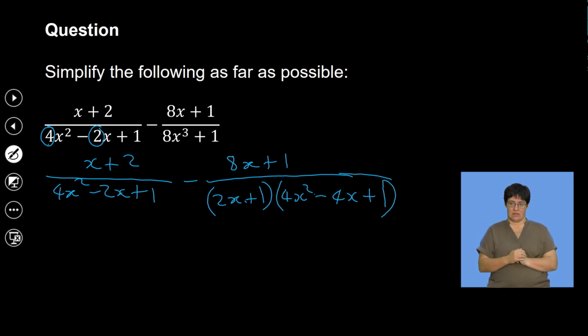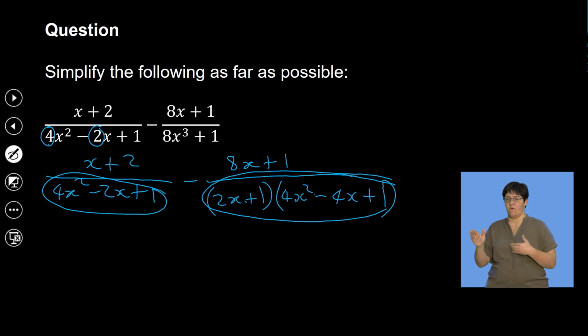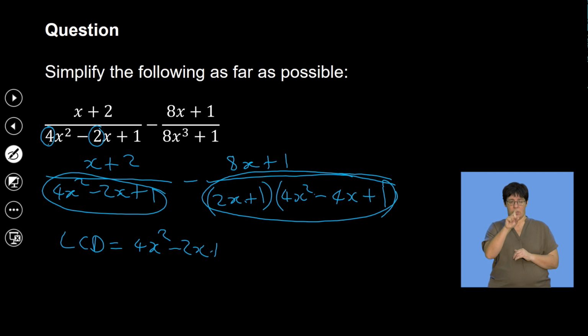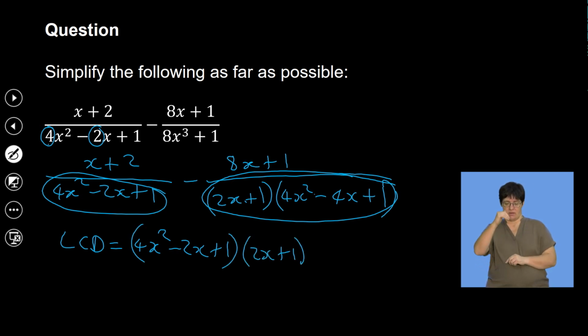And then you can take out your LCM from there, or LCD, which will be the whole thing that I have here. So let me quickly write it for you. LCD will then be 4x squared minus 2x plus 1 into 2x plus 1 into 4x squared minus 4x plus 1. But this is one of those rare cases where the denominator cannot be factorized, right?